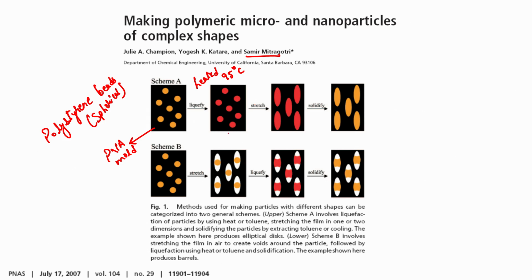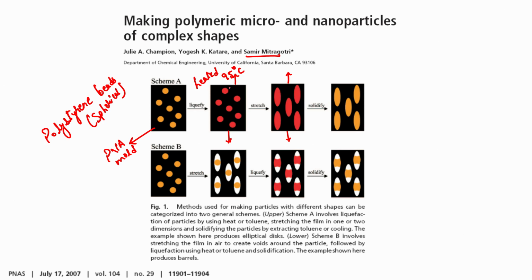Then what you do is you apply force on the polystyrene mold in, let us say, a single dimension. So, once you do that, because this force is there, you will have expansion of these pores in one direction, and hence create an anisotropy in the system.